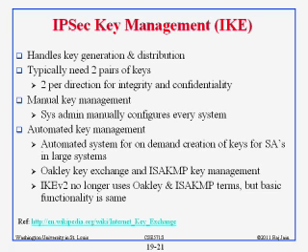Now we come to the key management, IKE. The purpose of IKE is a handshake to somehow agree on a secure key, and so basically we need 2 pairs of keys. We need 2 keys for one direction, 2 keys for the other direction.